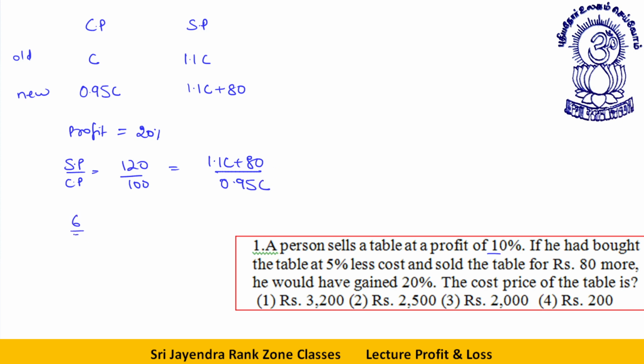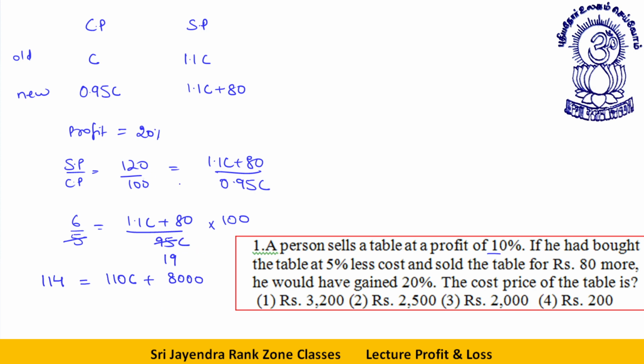Like this. 6 by 5 is equal to 1.1 C plus 80 divided by 0.95. Okay, if I multiply this by 100, I'll put a 100 over here. 5, 95 will cancel, will give me a 19. 6 into 19 is 114 is equal to 110C, okay, plus 8,000. So far clear, dear students?